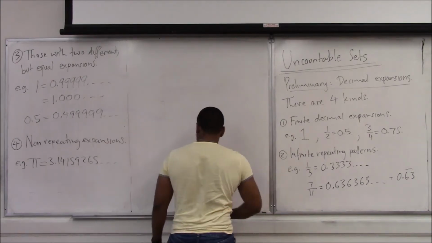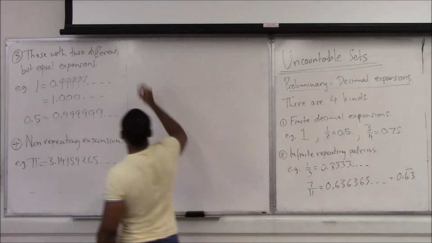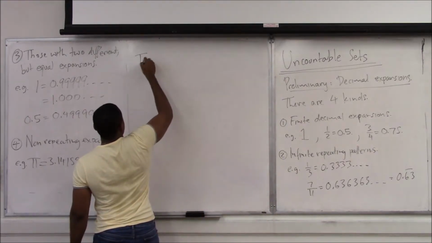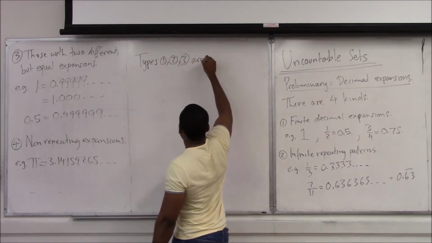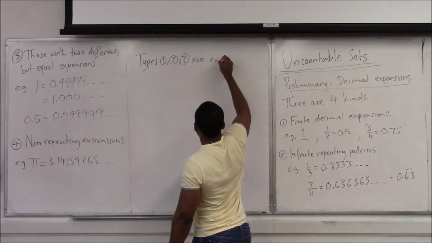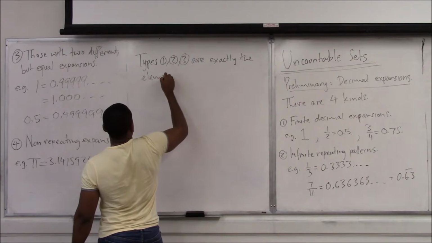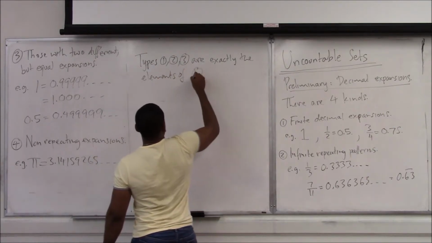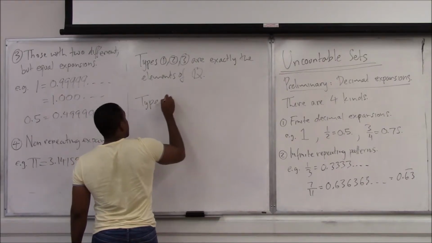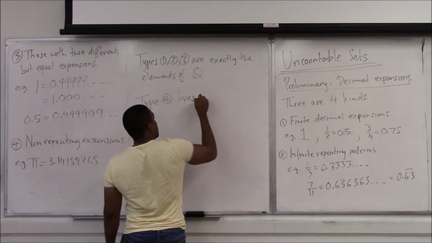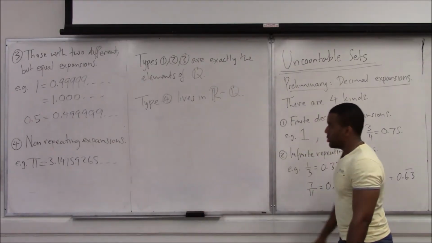By the way, the first three are all rational. Types 1, 2, 3 are exactly the elements of Q. Now, type 4 lives in the real numbers minus Q, for the irrationals.